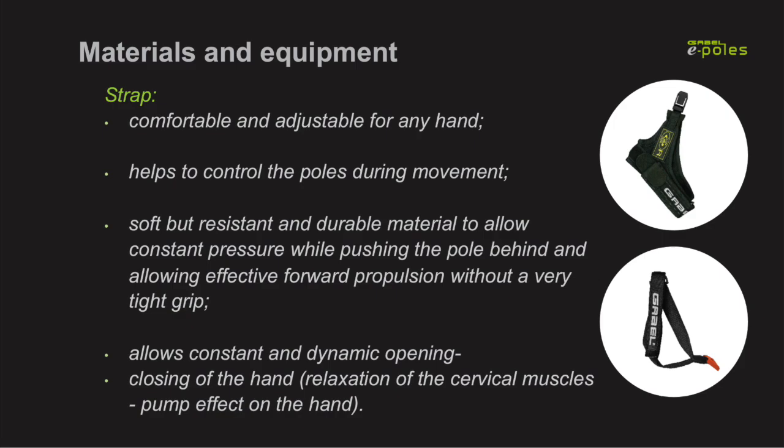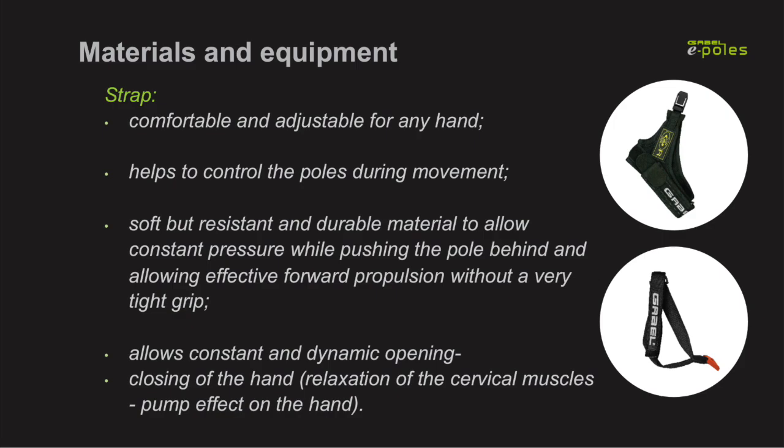Another crucial feature of the strap makes it easier to open the palm of your hand and also hold a pole easily. It also gives a pump effect to the hand circulation and facilitates the venous and lymphatic blood flow of the hand, other than just improving the engagement of the upper body. It helps to relax cervical muscles as well.